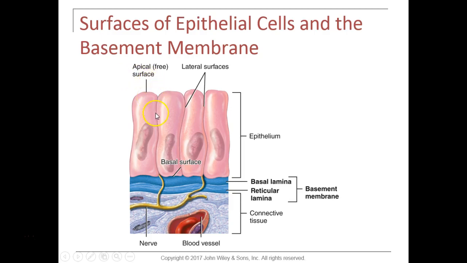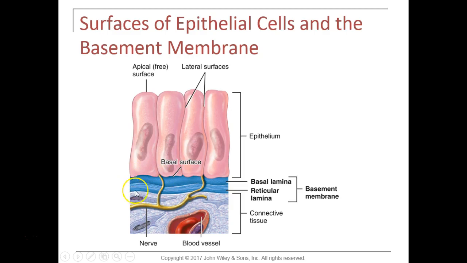We then have the membranes on the side, which are called the lateral membranes or surfaces, and then the cells in the lining epithelium all touch a basement membrane. So the bottom membrane has to be anchored to this basement membrane.